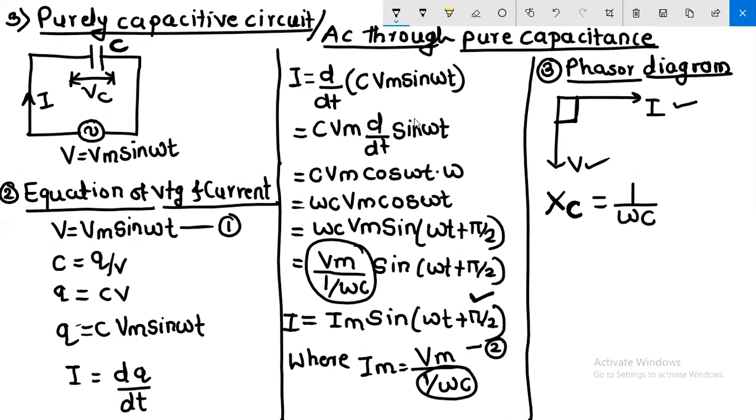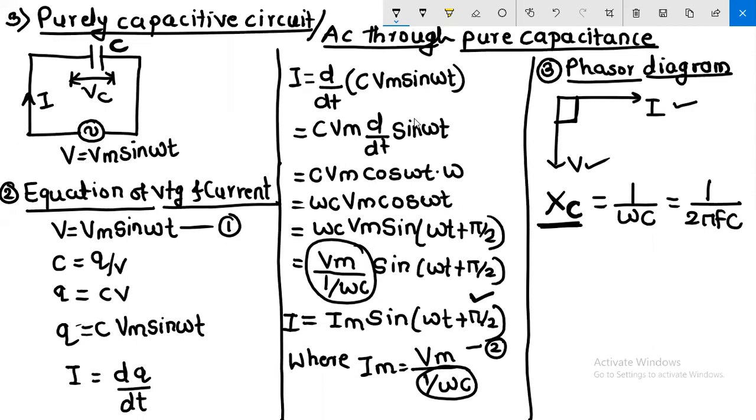What will be the value of omega? 2 pi f. So how can I write? Xc is equal to 1 upon 2 pi f C, where f is nothing but the frequency and C is nothing but the capacitance. Okay, and this Xc is called the capacitive reactance.